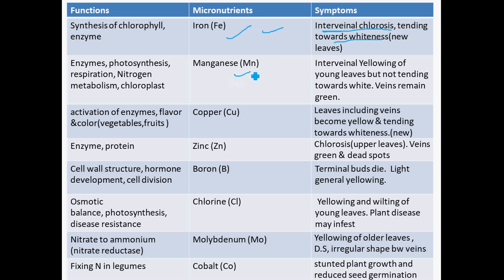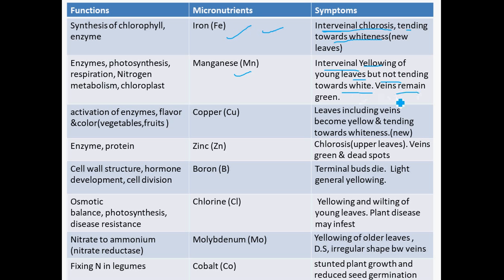Now next one is manganese. Interveinal yellowing of young leaves, but not tending towards white. Here also interveinal chlorosis occurs, with yellowing of young leaves that does not tend towards white. In the deficiency of iron, it tends towards white, but leaves do not tend towards white in the deficiency of manganese.